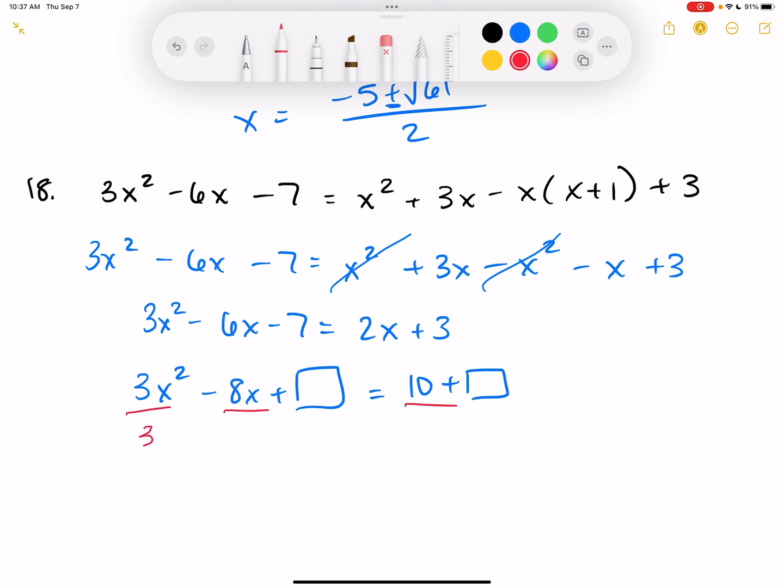If we divided everything by 3, we probably could keep going, but that's going to be some really weird numbers. So I won't give you one that's that weird, because there are other methods that are way better. I would use the quadratic formula or something else rather than that. That would be more effective and more worthy of my time. So we'll just put a halt on that one.